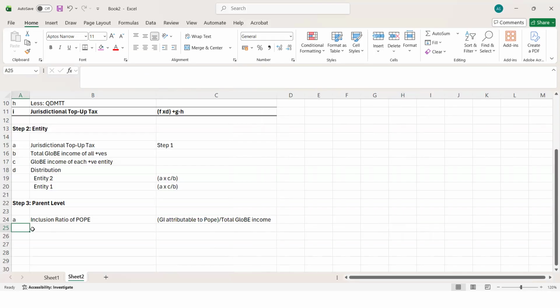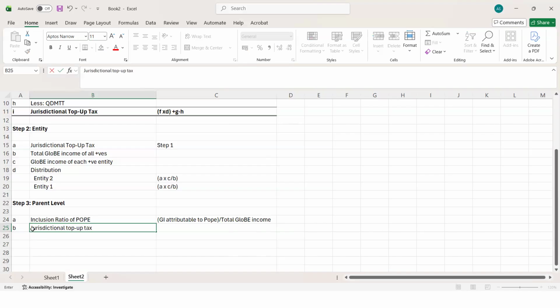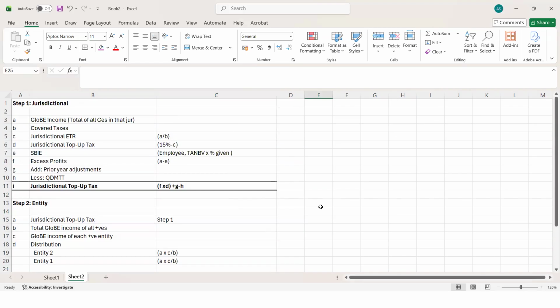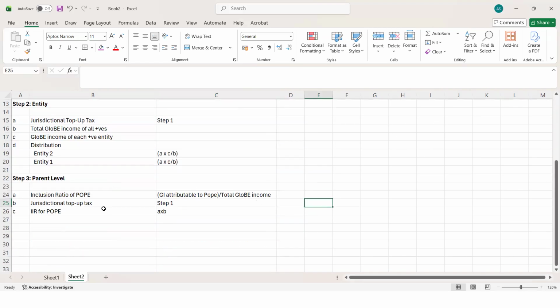So we'll find the inclusion ratio, and based on the inclusion ratio, the jurisdictional top-up tax, which is step 1, I will multiply A and B and I will get the IIR for POPE. Correct? Yes or no? We discussed all this over the course of the last week, so you should get this.